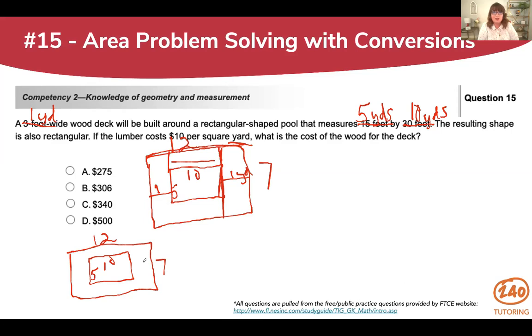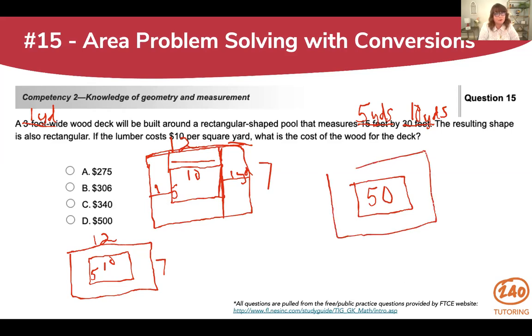So I've got my new sketch to work with here. And it says, I'm looking for how much lumber for just this deck. Okay, so I'm going to figure out what would the area of the pool be. The area of the pool, it's a rectangle. So we do 5 times 10 gives us 50. Now we know the total dimensions of the deck and the pool, not just the deck, but the deck and the pool is 12 by 7.